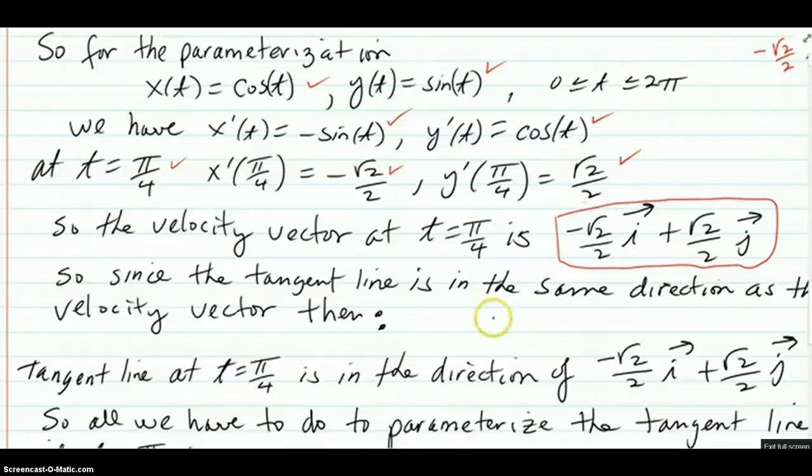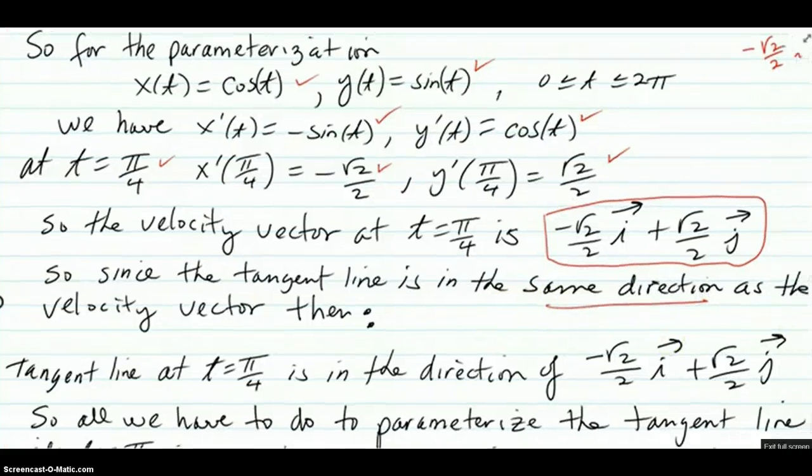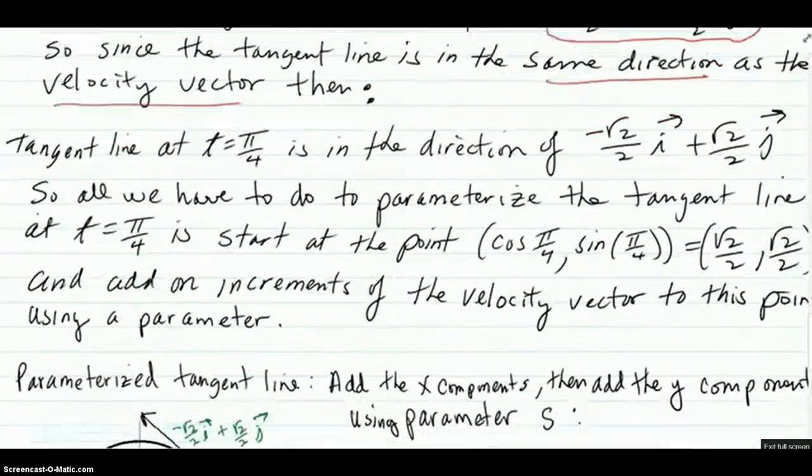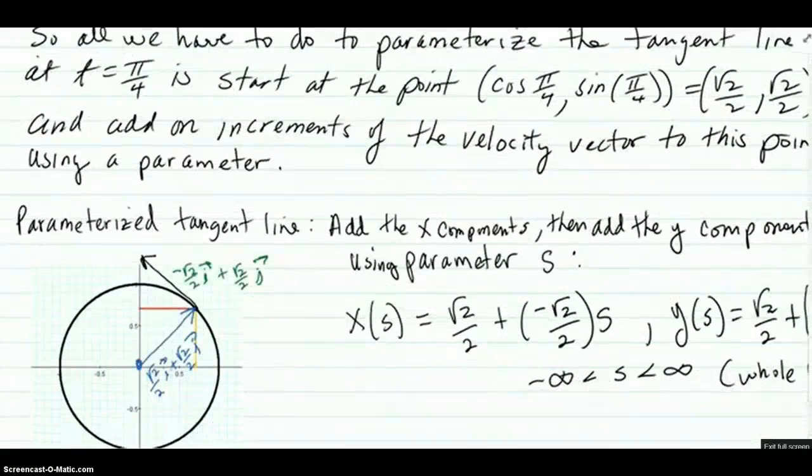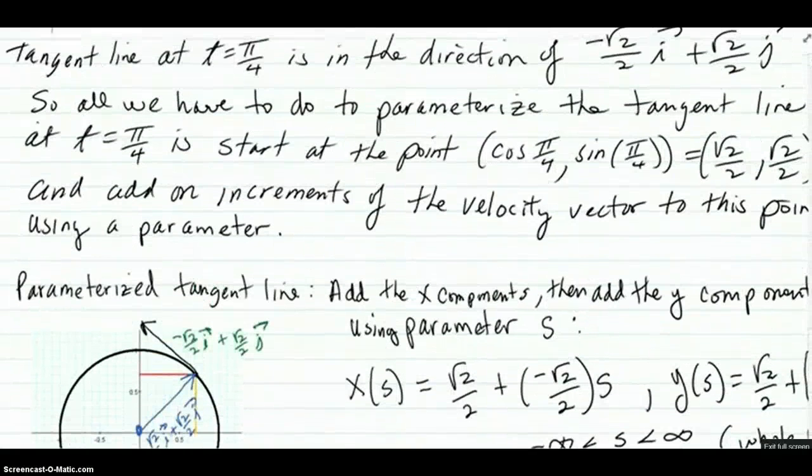So since the tangent line is in the same direction as the velocity vector, then the tangent line at pi over 4 is in the direction of this velocity vector.